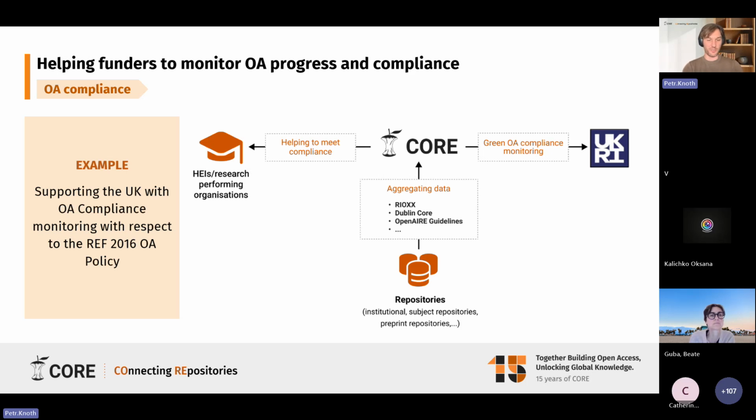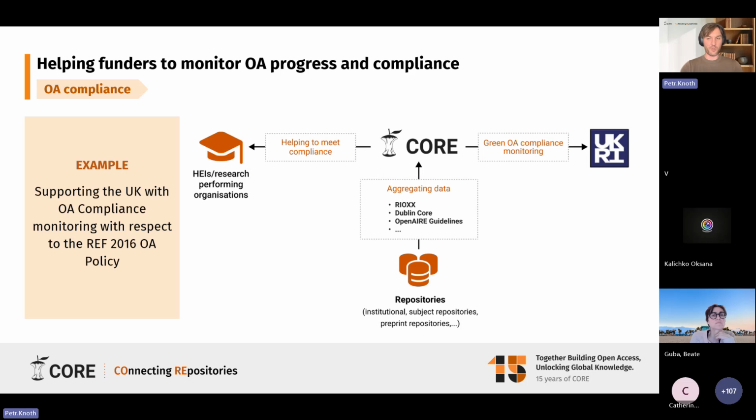REF stands for Research Evaluation Framework. It is an evaluation framework which is highly important for UK-based institutions, and there is an open access policy attached to it, which says that every paper needs to be deposited within 90 days of acceptance, and it might be in 2029. I have heard it might be publication, so there's a small difference.